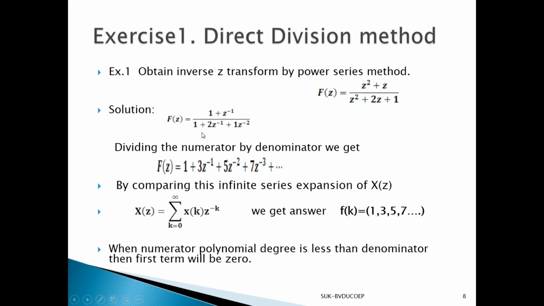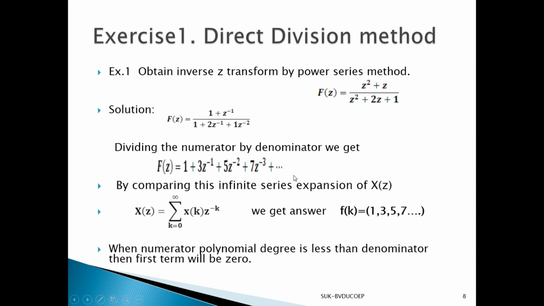And now we are dividing. So it is 1 first, second is 2Z raised to minus 1, and Z raised to minus 1 becomes 3Z raised to minus 1, like that you get the power series by the direct division method.